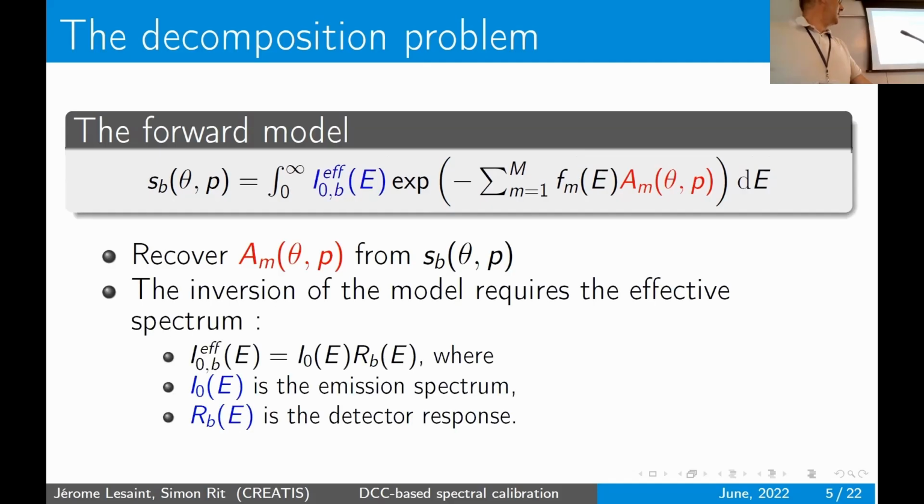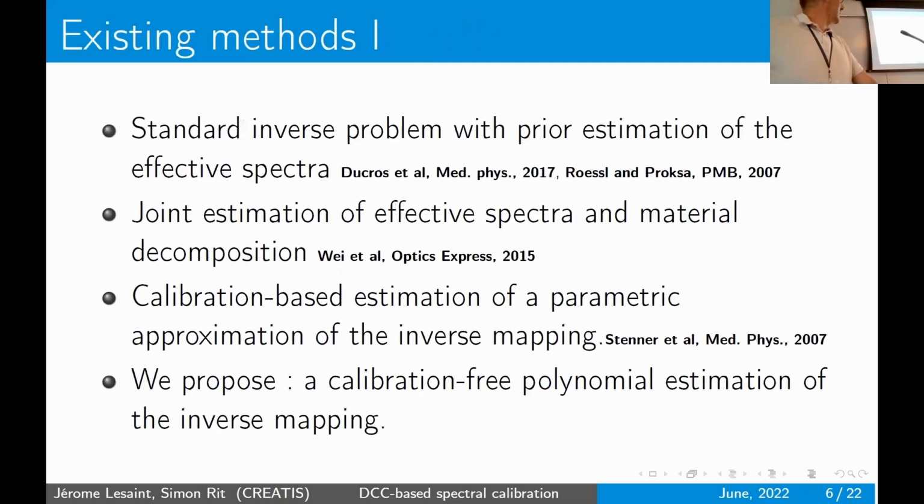Of course, we need the effective spectrum, which is the emission spectrum of the tube multiplied by the detector response. There are a few ways of doing that. First, if you know the effective spectrum a priori, which can be calibrated with a monochromatic beam or with a gamma source, you can address the problem as a standard inverse problem.